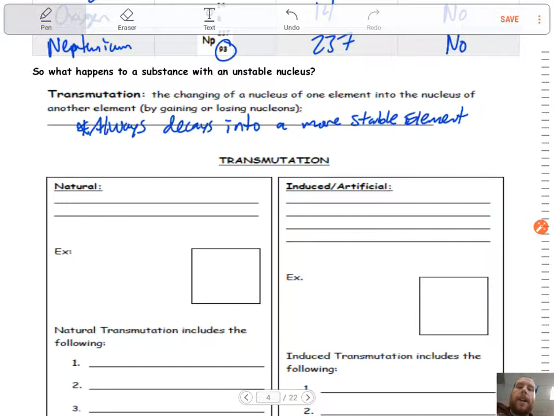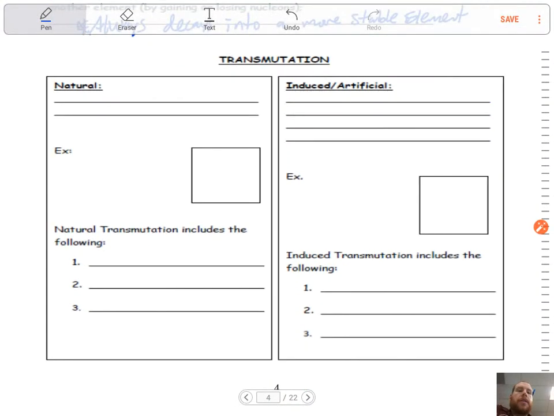When something breaks down and starts to decay, it decays into a more stable element. It's trying to be stable. It takes more energy to keep that unstable one together than to break down into a stable one. So there are two modes of transmutation, and we're going to talk about both of them.